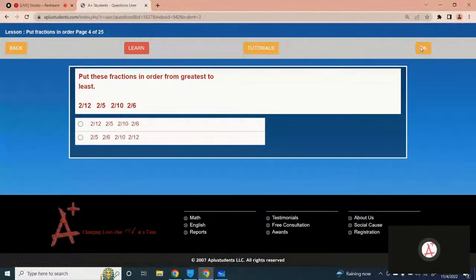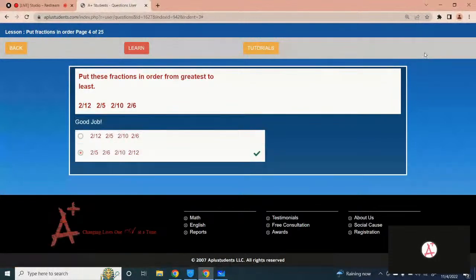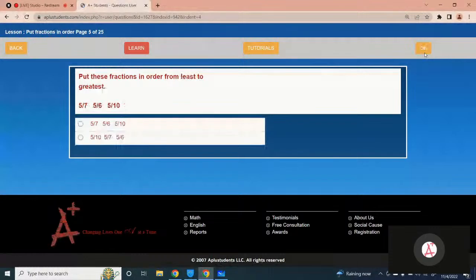Yes, very good. It is the second one. 2 by 5, 2 by 6, 2 by 10, and 2 by 12. Very good. 2 out of 5 is the greatest, then 2 out of 6, then 2 out of 10, and then 2 out of 12.